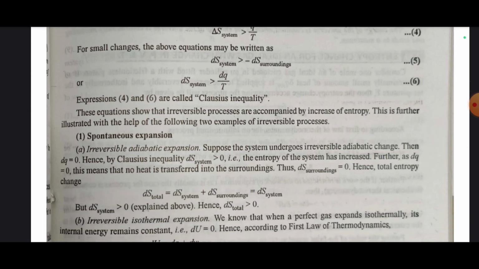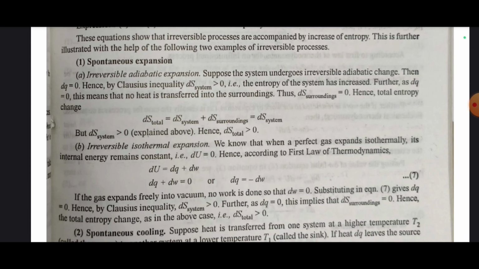These equations show that irreversible processes are accompanied by increase of entropy. This is further illustrated with the help of the following two examples of irreversible process. First is spontaneous expansion. A, irreversible adiabatic expansion. Suppose the system undergoes irreversible adiabatic change, then dq is equal to 0. Hence, by Clausius inequality, dS system is greater than 0.